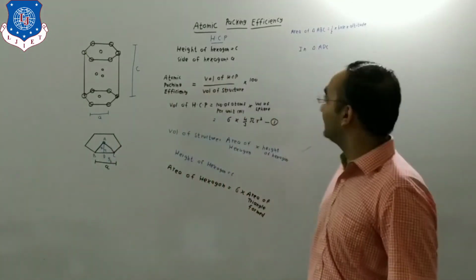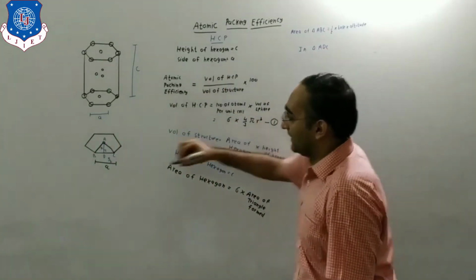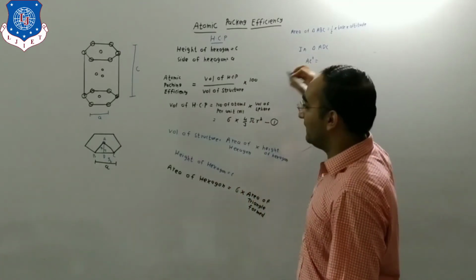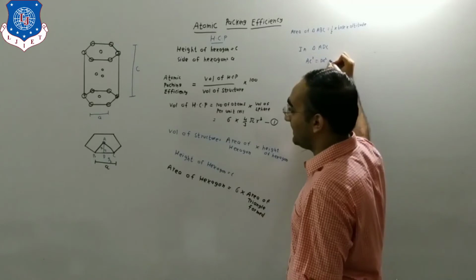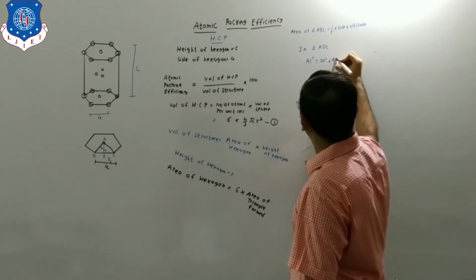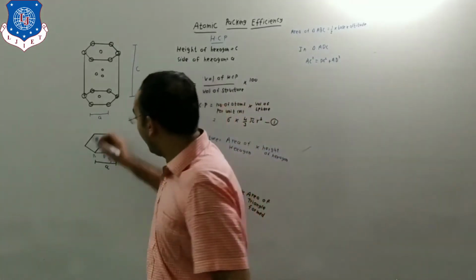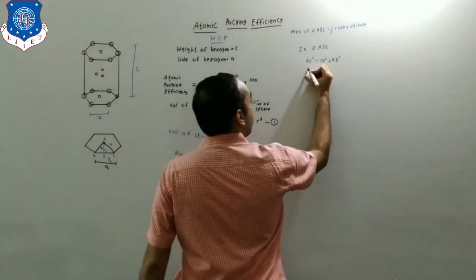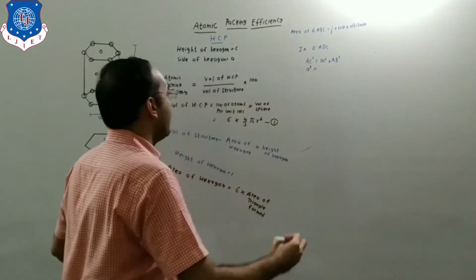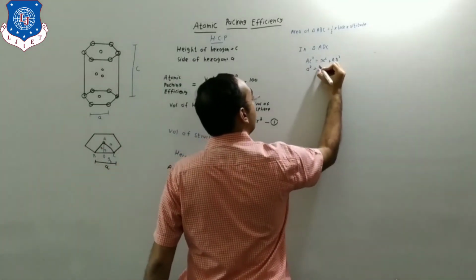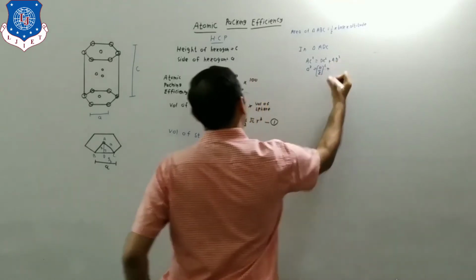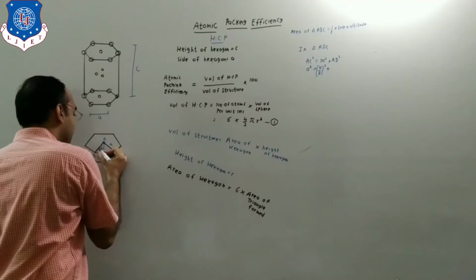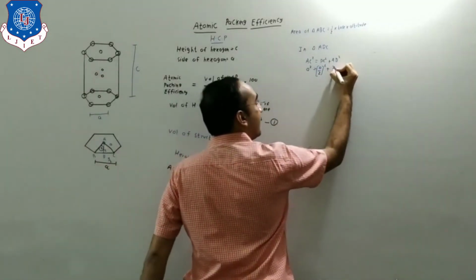Suppose altitude X. So AC will be your hypotenuse, that is AC square is equal to DC square plus AD square. What is this AC? AC will be also equal to A. So here A square is equal to A by 2 the whole square plus AD square. Altitude we have taken as x, unknown quantity, x square.